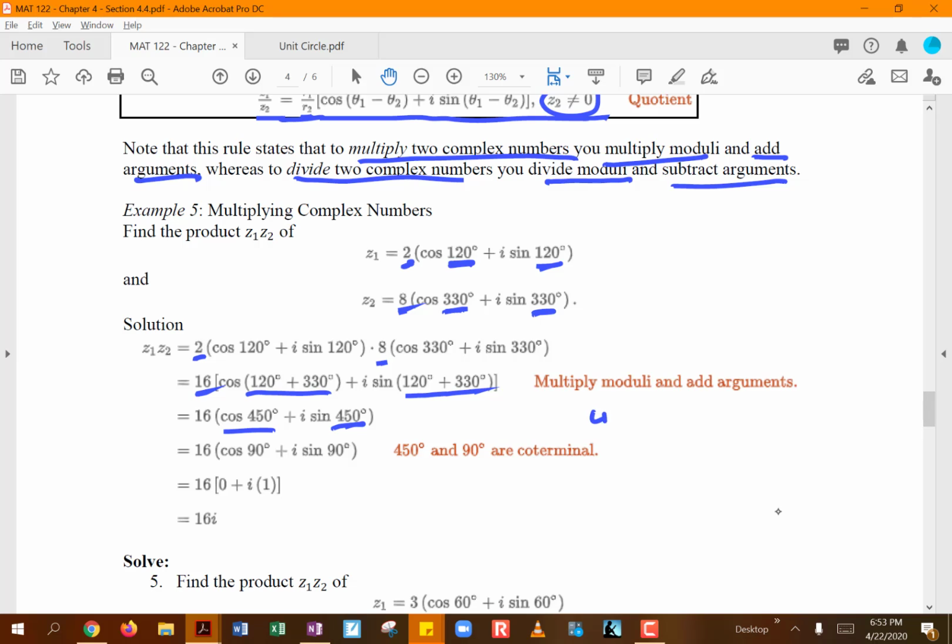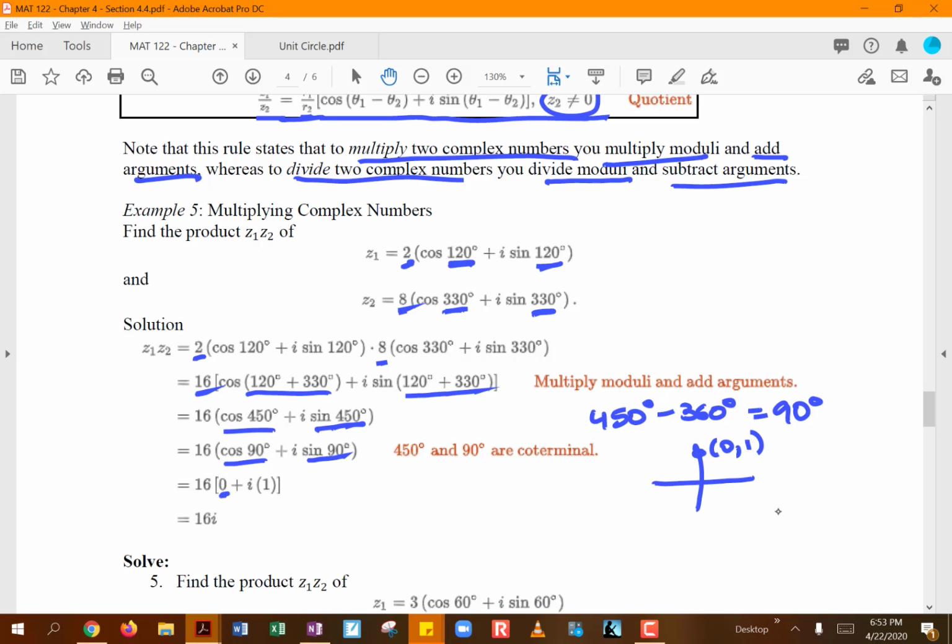Now, if you just take that 450 degrees and subtract 360 from it, right? So going a full circle, you end up getting 90 degrees. So that's how it went from being cosine of 450 to cosine of 90. And same thing, sine of 450 to sine of 90 degrees, which of course is this point right over here, and that will have the coordinates 0, 1.